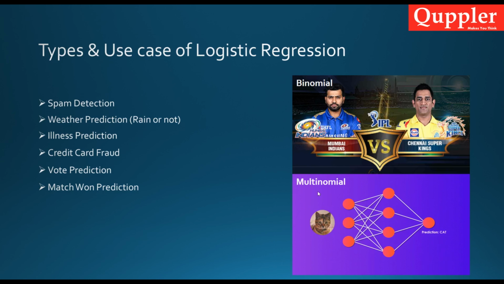But in case of multinomial, let's say you have different classes. For this example, for this cat, you can predict whether this is a cat or not. If it comes as a dog, for this dog also you can predict whether this is a dog or not. This multinomial we normally use in deep learning classification, where in transfer learning we predict different sets of images, like if we have four different classes like cat, dog, horse, woman.